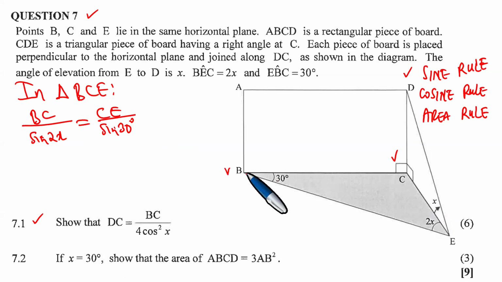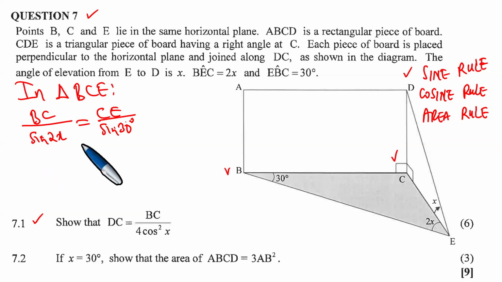So if BC over the sine of 2x is equal to CE over the sine of 30, then in the end we can be in a position to find the CE.